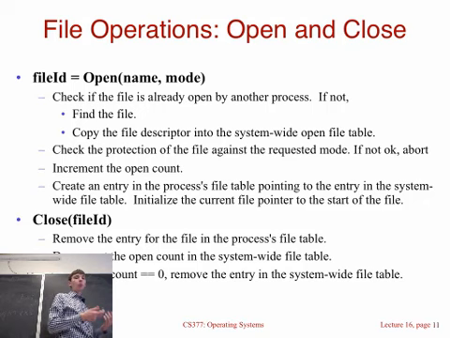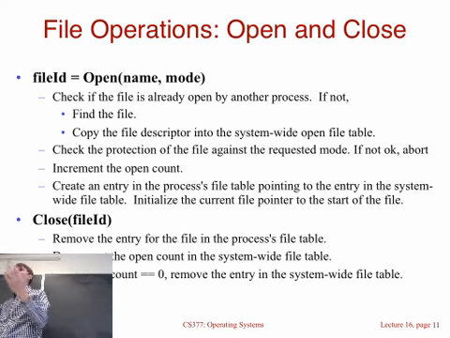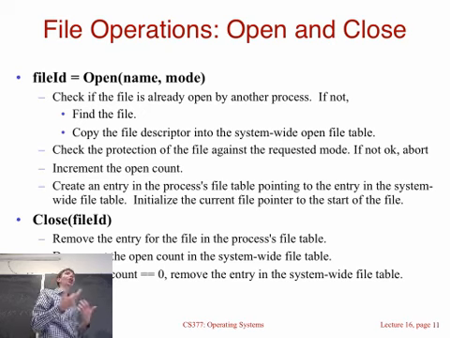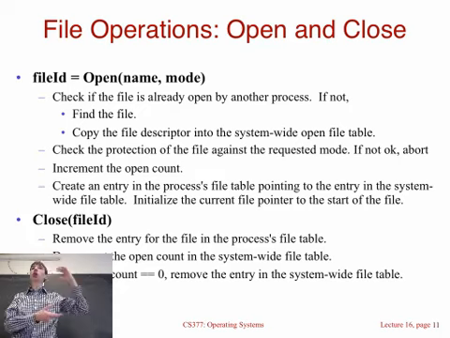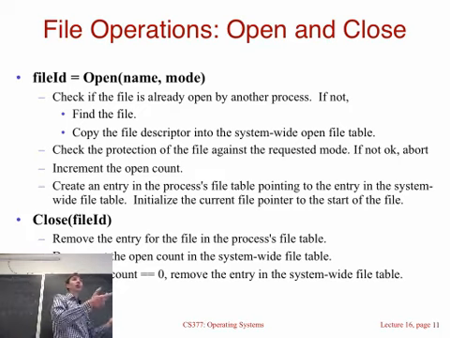Now, when we're opening and closing a file, we're operating on the file ID. So when you open up a file, you're getting back a file ID, which is the OS's actual identifier for that file. We're again dealing with that system-wide open file table. When you open a file, you first go into that file table and see if the file is already opened by some other process.